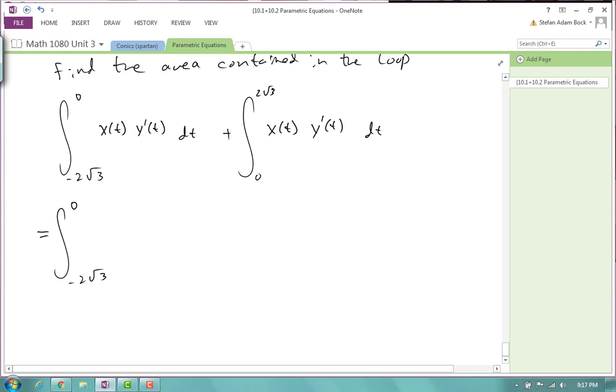Because x of t is just t cubed minus 12t, but y prime of t is 2t dt plus the integral from 0 to 2 root 3. Same thing.